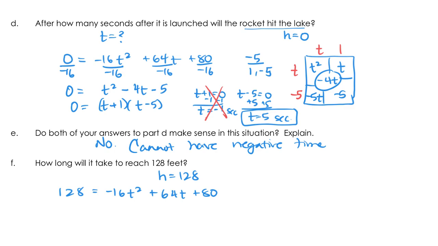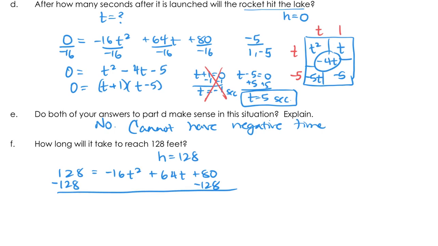And in order to solve this, this goes back to what we've done in a previous unit. Whether we're factoring or using the quadratic formula, we need our equation to be set equal to 0. So I've got to get rid of this 128, and I can do that by subtracting. I then have 0 on the left, and that's negative 16t squared plus 64t.